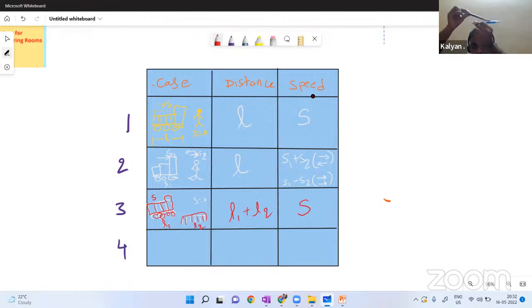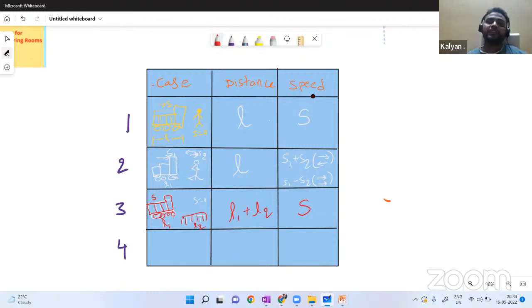So one total, it crossed the total length of the bridge. By the time they are parallel, and then one length of train. So it is L1 plus L2 only. Most of the people will be confused. They'll take two times the train length and then the bridge. No, one time the length of the bridge, one time the length of the train is enough. L1 plus L2, but there will be no relative speed.